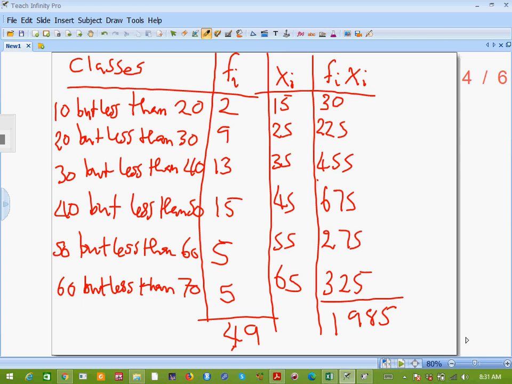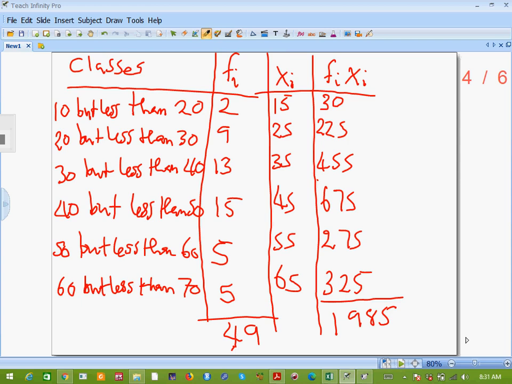The class width. So to find the class width, when you're given a table, you just get any two lower limits, say 10 and 20. Find the difference. So that is 20 minus 10, you will find 10. Or you can get any two lower limits as in 30 and 40. Get the difference. That is 40 minus 30 to give you 10.